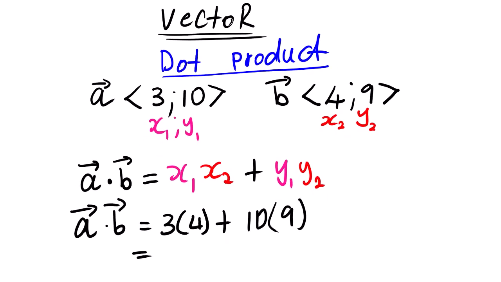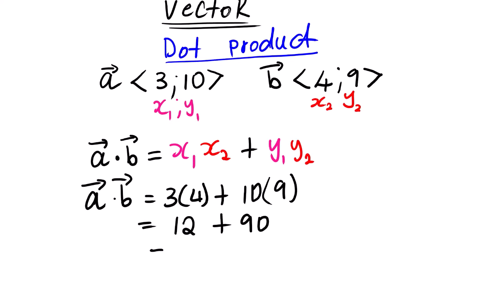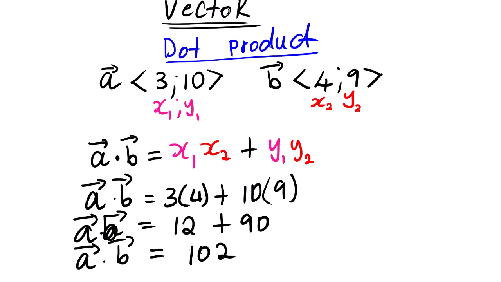And then 3 multiplied by 4 is 12 plus 9 multiplied by 10 is 90, and then our answer will be 102. So you can see that the dot product of two vectors will actually give us a scalar quantity.